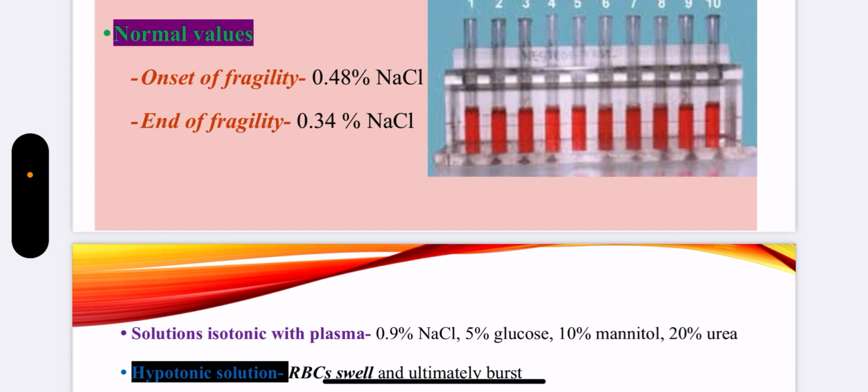Normal values: fragility starts when the cells are placed in 0.48% NaCl and it ends when the cells are placed in 0.34% NaCl. These are hypotonic solutions, where the osmolality is lesser as compared to plasma.